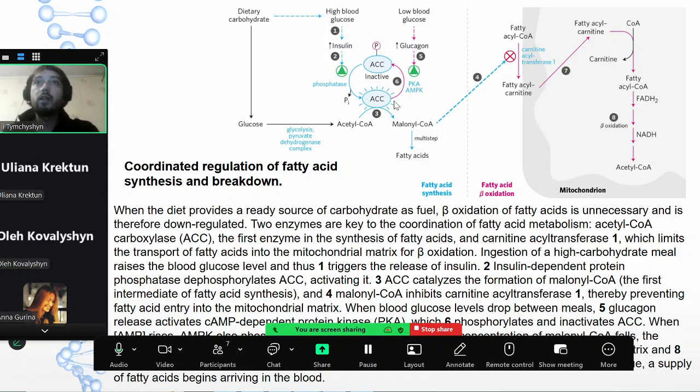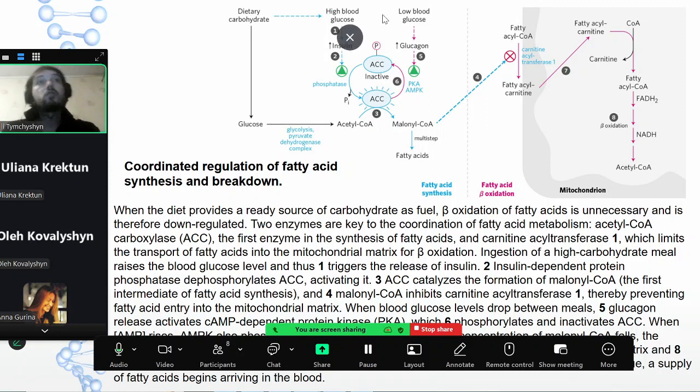And here on the image, what do we see? So we see that ACC may be phosphorylated and thus inactivated, or it may be dephosphorylated and thus activated. So pretty common situation when you have certain enzyme, and this enzyme may be phosphorylated or dephosphorylated, and depending on that phosphorylation, dephosphorylation, it gets turned on or off.